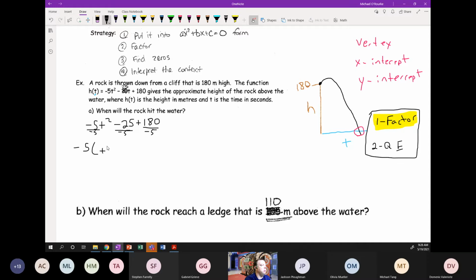That's going to leave me t squared plus 5 minus 180 divided by 5, which is 36. I'm going to leave this here real quick for you guys to factor. Oh, I forgot my t here.